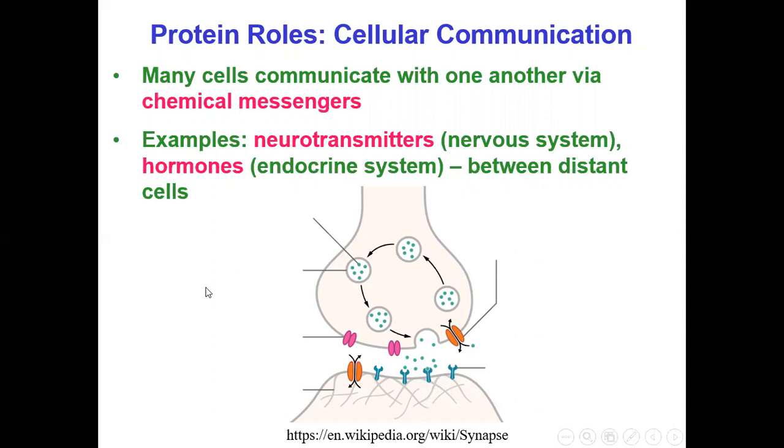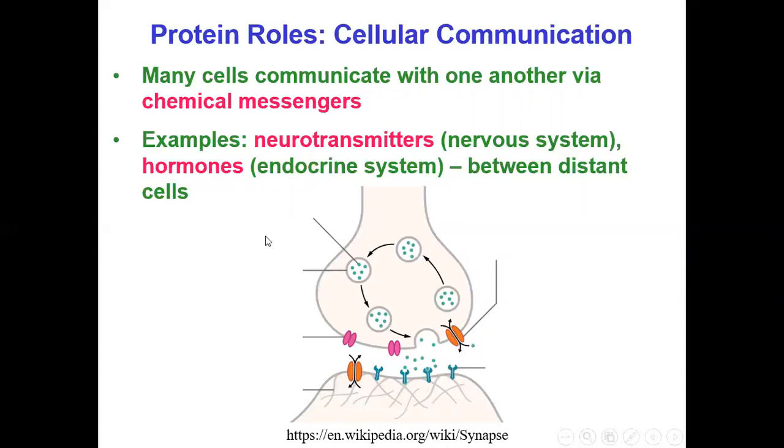One example of such communication is in the nervous system of animals. In this case, the two cells that communicate are very close to one another, and the chemical messengers are called neurotransmitters. Another example is also in the animal body. This is the endocrine system.